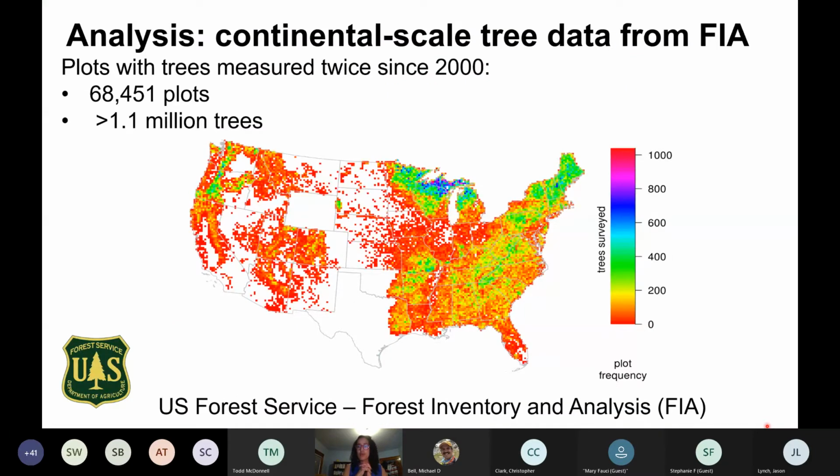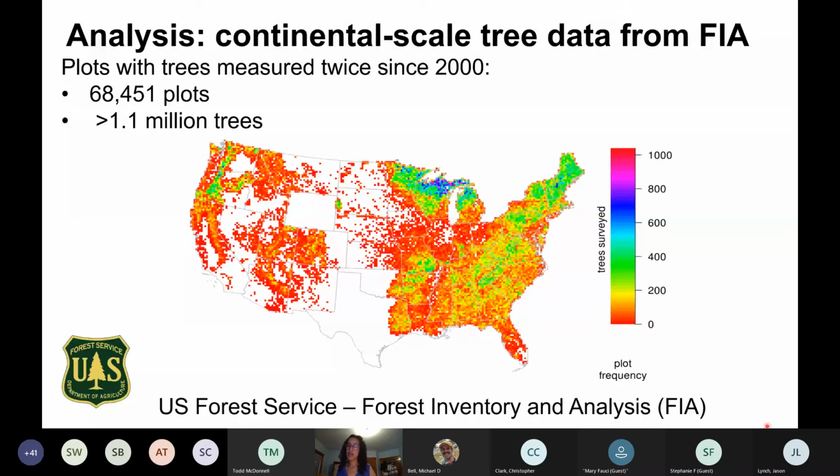So the Horn analysis is based on the U.S. Forest Service FIA plots that were resurveyed between 2000 and 2016. There are almost 70,000 plots, over 1 million trees included in this assessment.